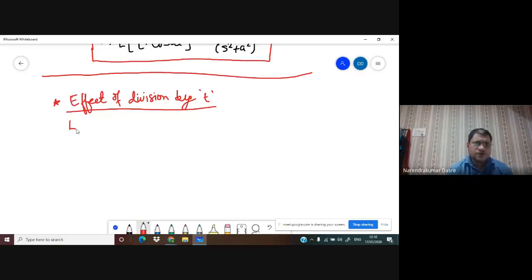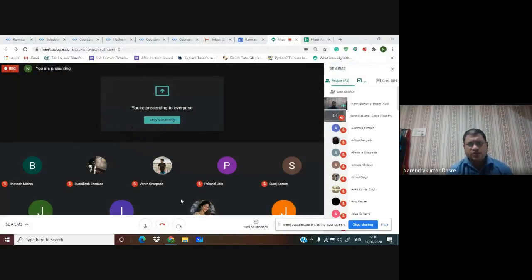So let Laplace of f of t be equal to f bar of s, then what will be the Laplace of f of t upon t? Okay, that we want to find out.